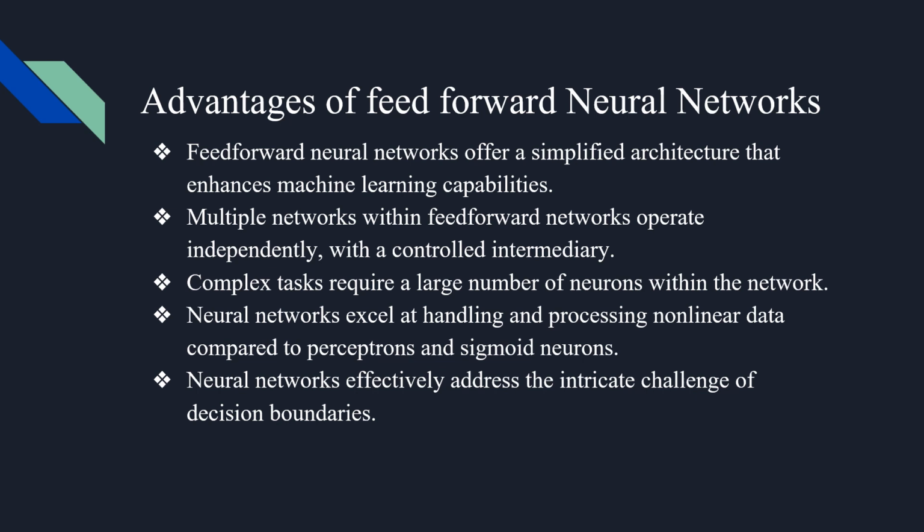Then complex tasks require a large number of neurons within the network. Then neural networks excel at handling the processing of nonlinear data compared to perceptrons and sigmoid neurons. Then last one, neural networks effectively address the challenge of decision boundaries.